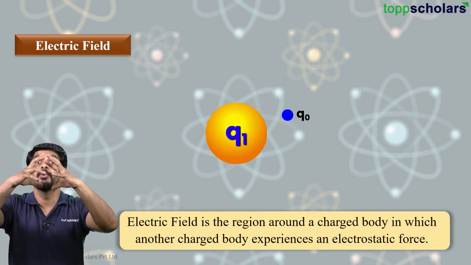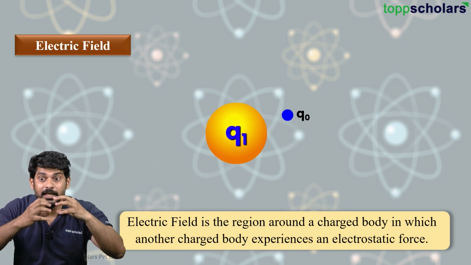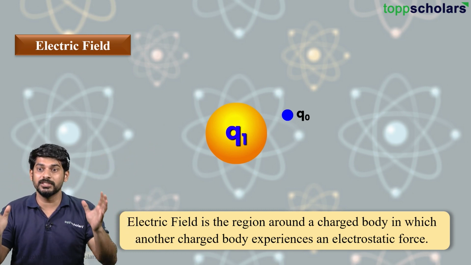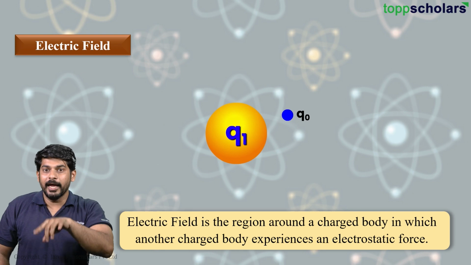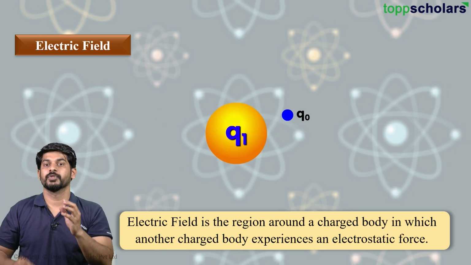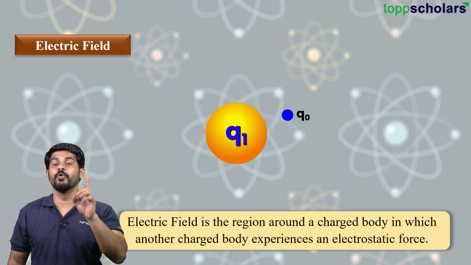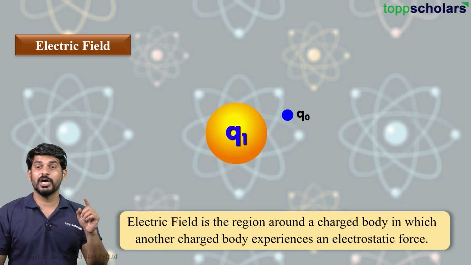Every charge produces its electric field around itself, and this field is spread up to infinite distance theoretically, isn't it? And when another charge comes in close vicinity of this charge, then it will experience some force. As we can see here, there is a charge Q0.